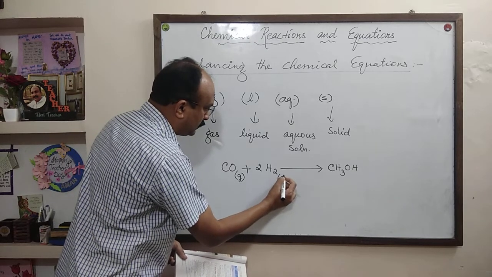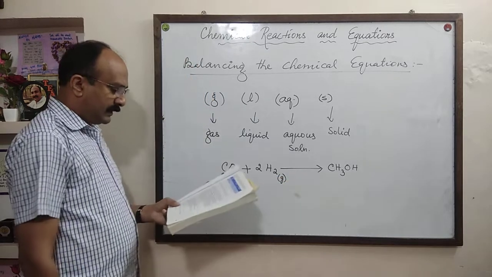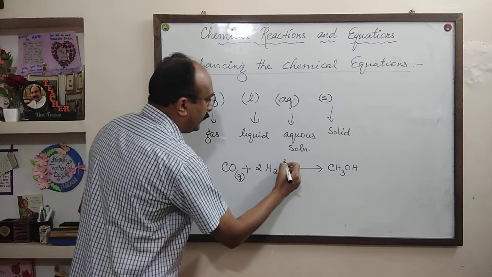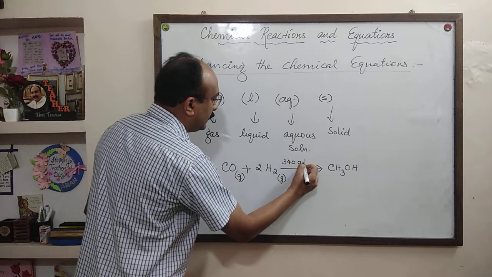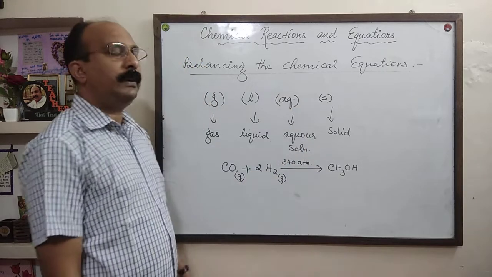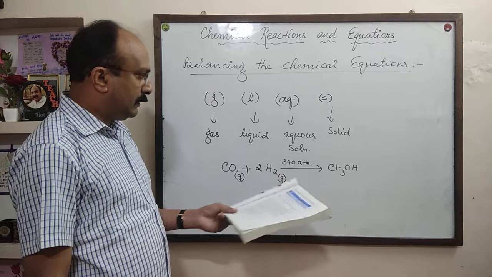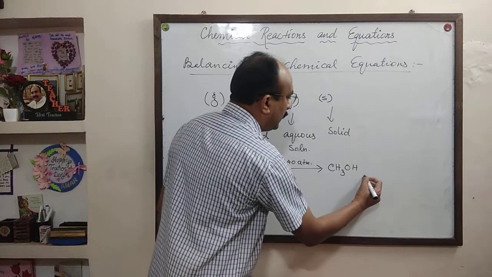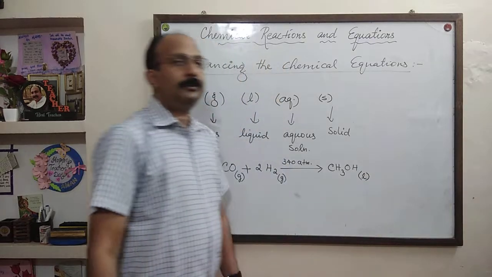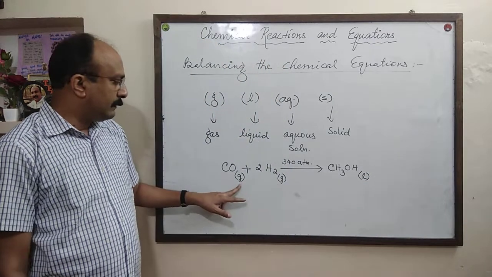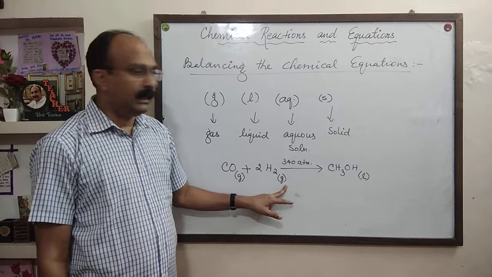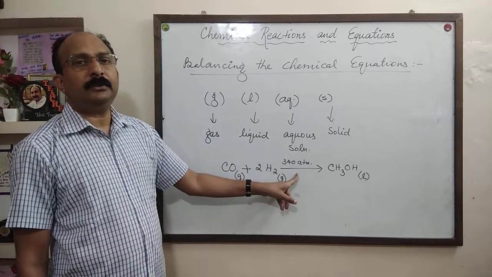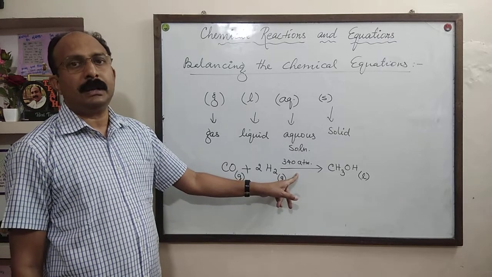H2 hydrogen is also a gas. Now, this reaction takes place at 340 atmospheric pressure, so we will write 340 atm, and the product formed is CH3OH. It is called methanol or methyl alcohol. It is a liquid. So we made it more informative by showing the physical state.